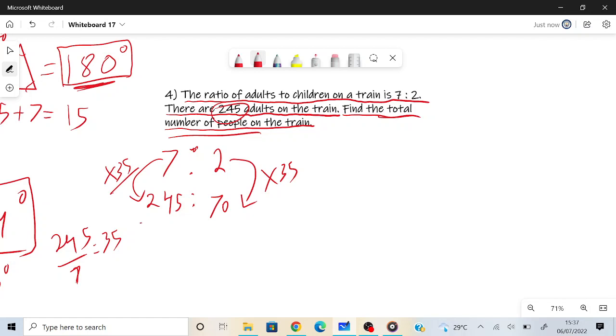That means when there are 245 adults, I have 70 children, and it's said to find the total number of people. So that simply means adults plus children. So 245 plus 70, and doing that should be 315. Let me just confirm. Yep, it is 315. So the total number of people is 315.